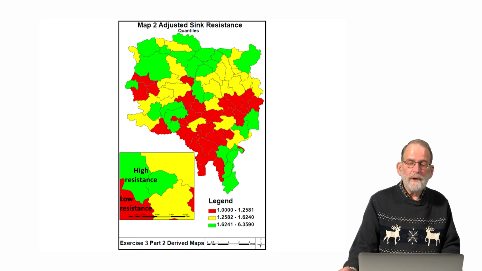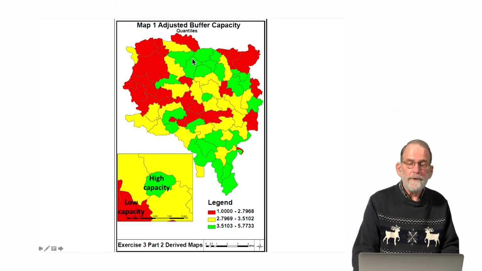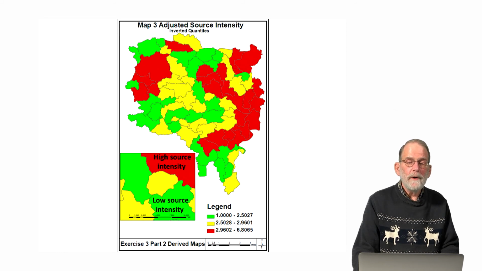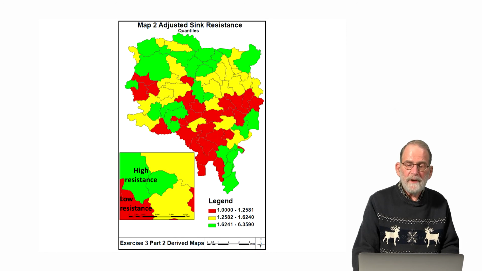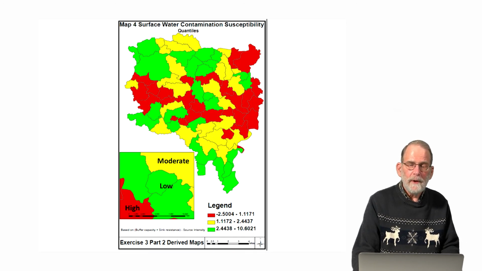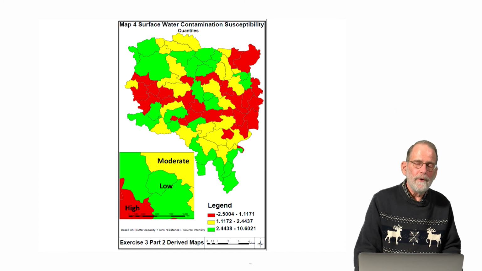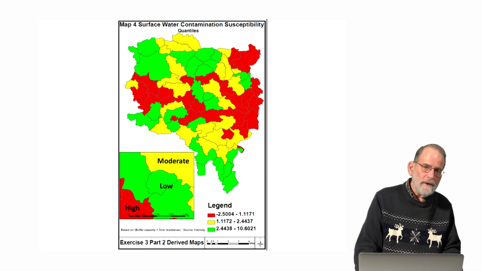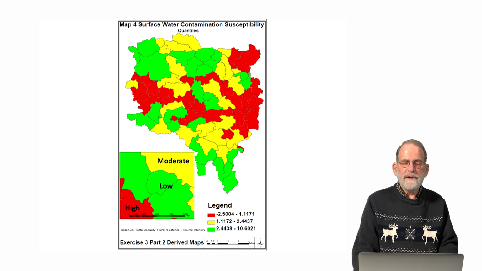So we can begin to see a correlation then between areas that are green on the sink resistance map versus areas that are green on the adjusted buffer capacity map versus areas that are green on the adjusted source intensity map.